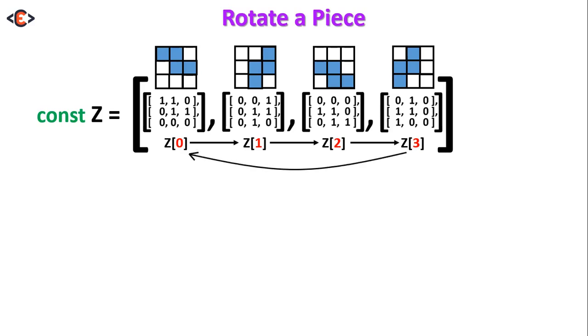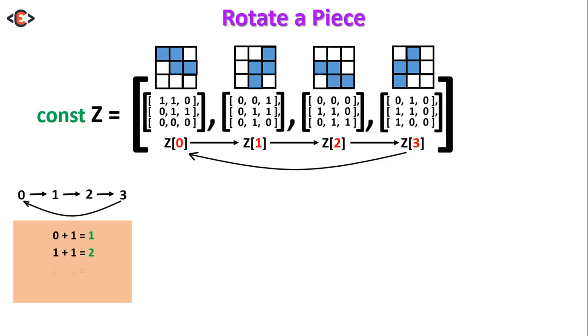So simple. But how can we do that in code? Meaning how can we go from 0 to 1 to 2 to 3 and then go back to 0? If we do that by just incrementing the index, it won't work.